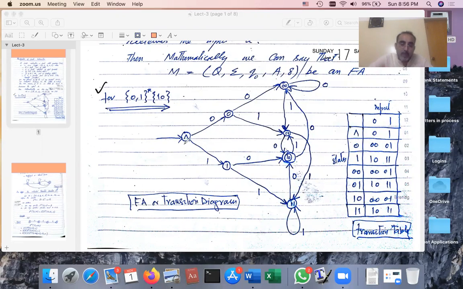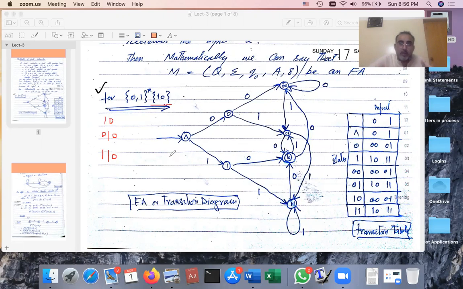What is the minimum string for this regular expression? Only this part. The combination can be null, and 10 is the minimum string that can be produced from this regular expression. Now 10 is a valid string, 010 is also a valid string, and 110 is also a valid string.